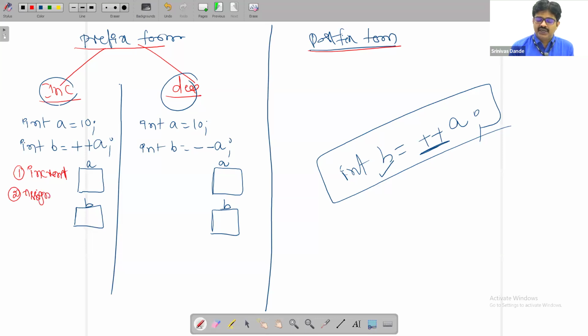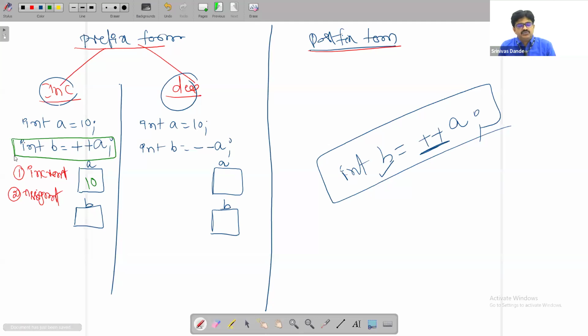Operator precedence is clear? So based on that, tell me the a value. Currently, a is 10, guys. After evaluating this line, what should be the a value and b value?